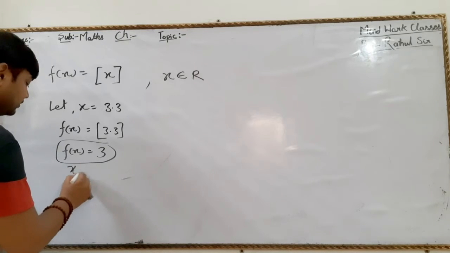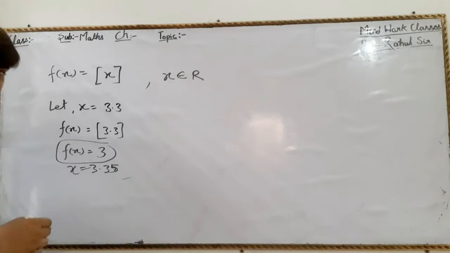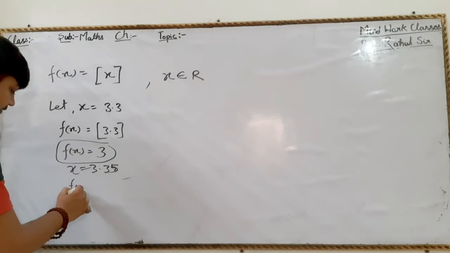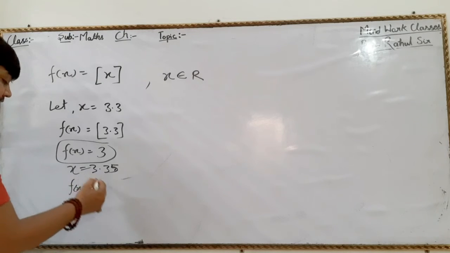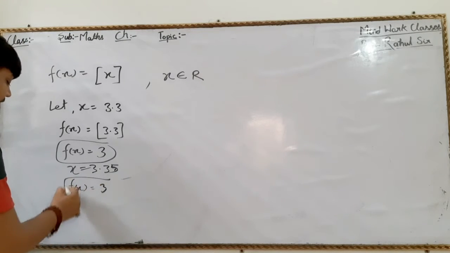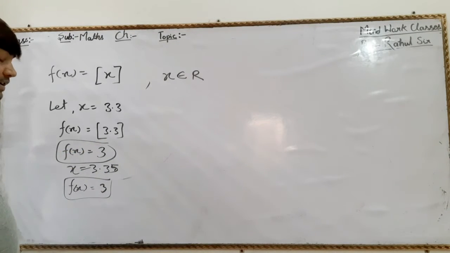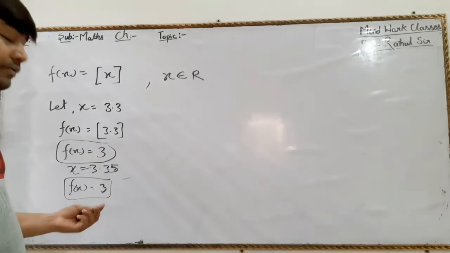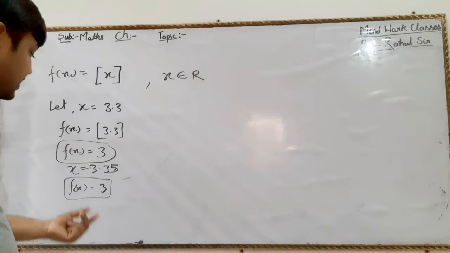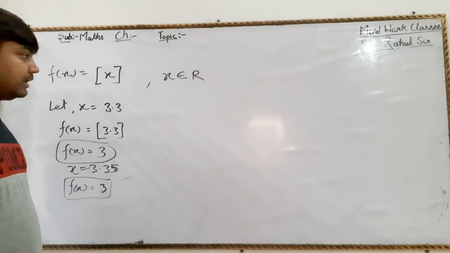If x is 3.35, again the value of the function will be only 3. Why? This is not an integer, so we take the lower integer just below 3.35.